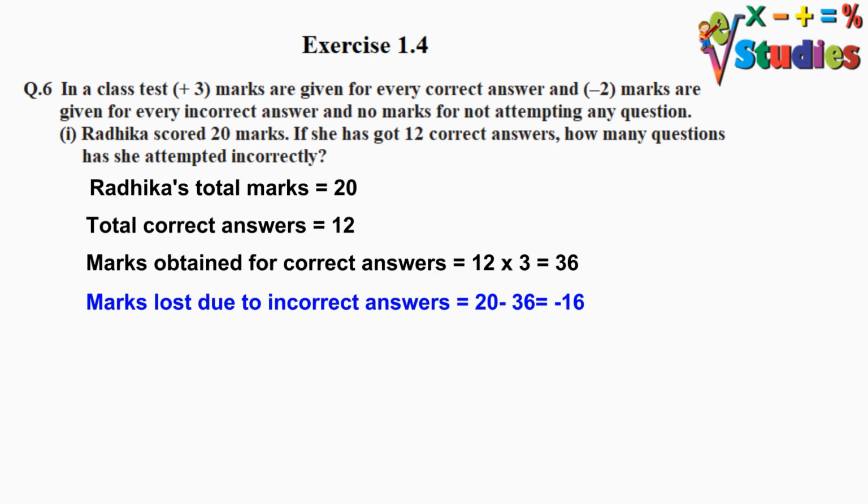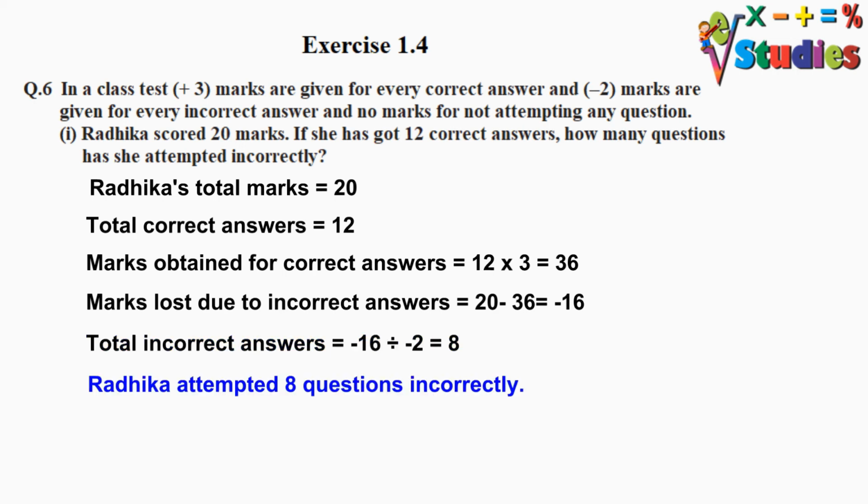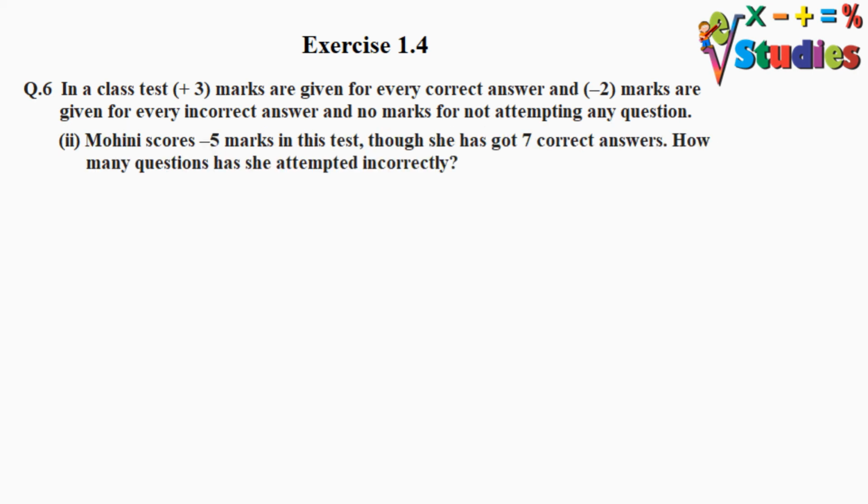So if we subtract 36 from total marks, which is 20 minus 36, that will give us negative 16. Now since we know that she has lost in total 16 marks as a result of incorrect answers, we can find out the number of incorrect answers she has given. By dividing negative 16 by negative 2, we get 8, and this is how we can find out that she has given a total of 8 incorrect answers.